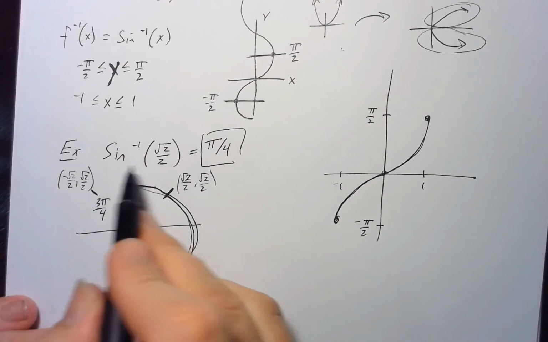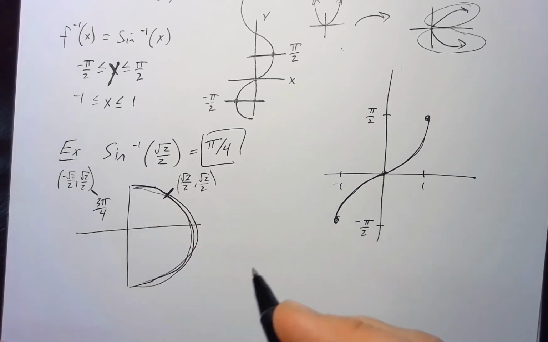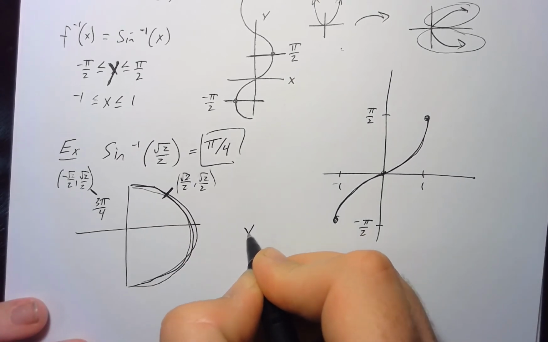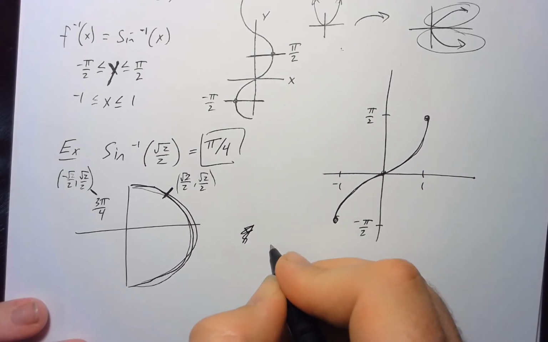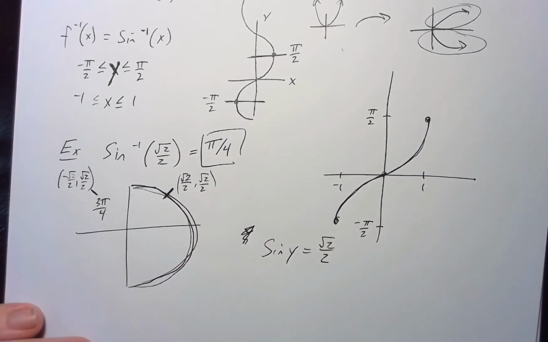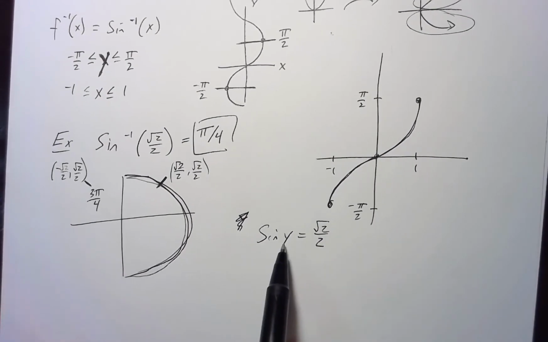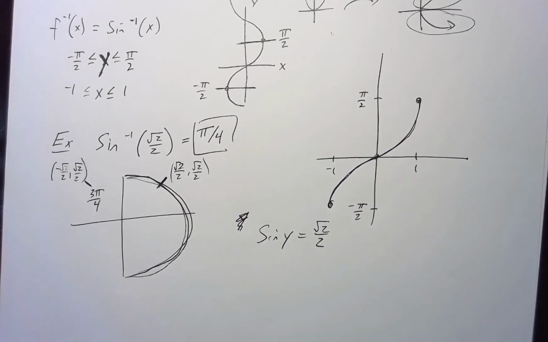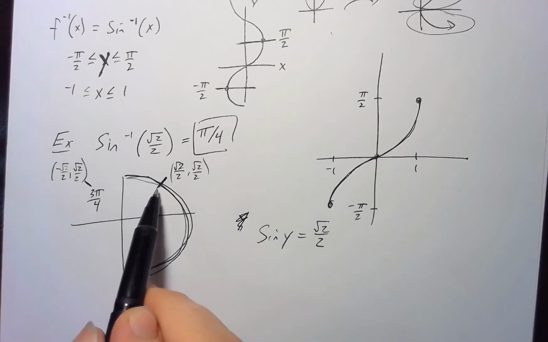Now this rule would be slightly different if we were looking at, say, sine of y equals radical 2/2. If I had something that looked like this, then it would be different. There are multiple possible answers for y. If I take the inverse function, it'll narrow my scope and very specifically look for this one point.